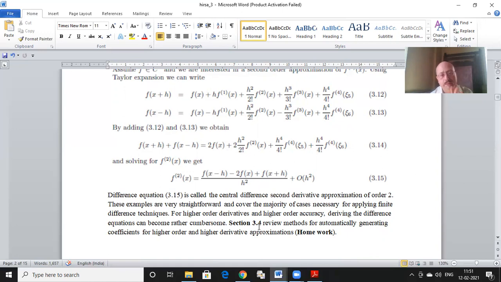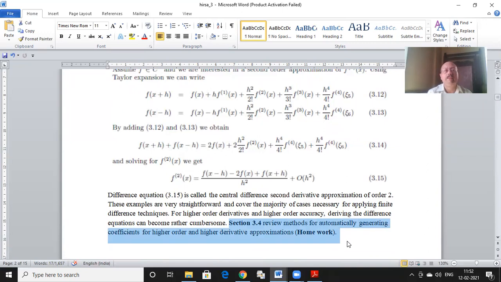So this kind of approximation will be sufficient. If I need higher order derivatives or higher order accuracy in particular, then of course I can derive them. I can extend this method and derive more complicated expressions, but it will be cumbersome, so we won't get into that. The important thing is the first two derivatives up to a very good order can be done using the central difference.